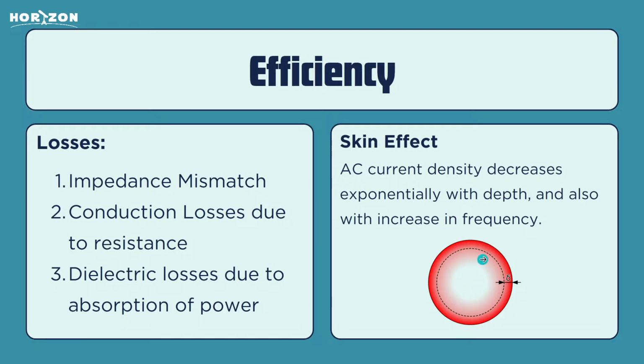So the skin depth would keep decreasing, basically. Thus, for a high frequency antenna, increasing the size of your conductors may not reduce the ohmic resistance as much as you think it would.